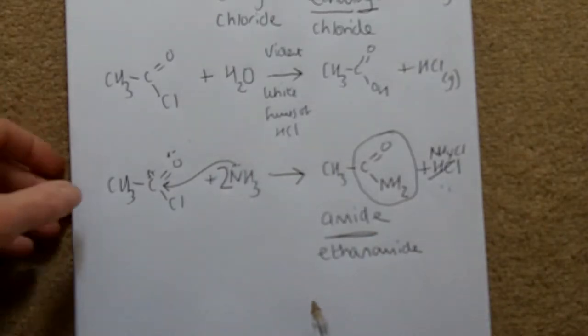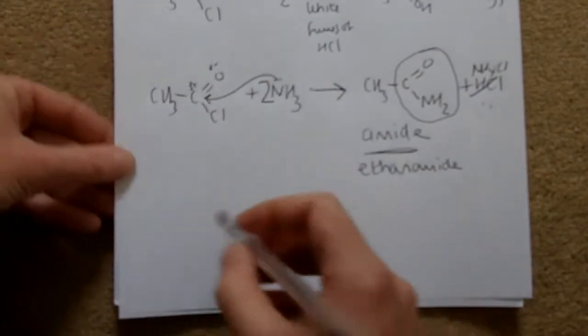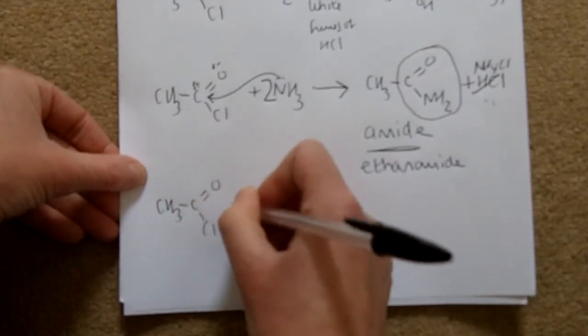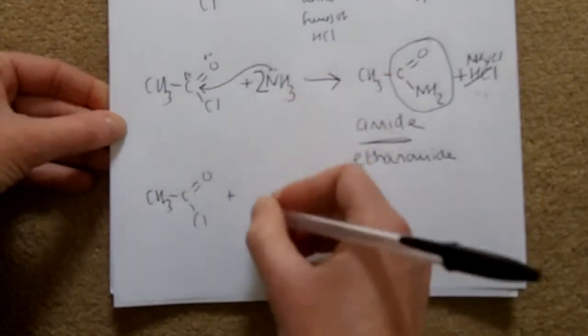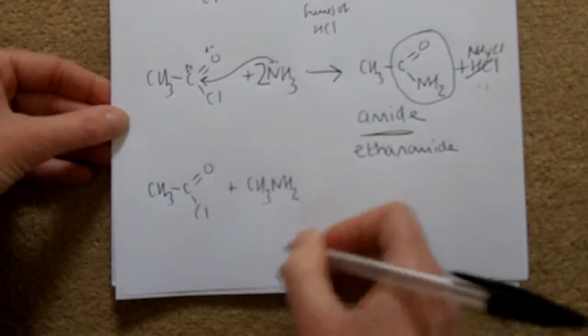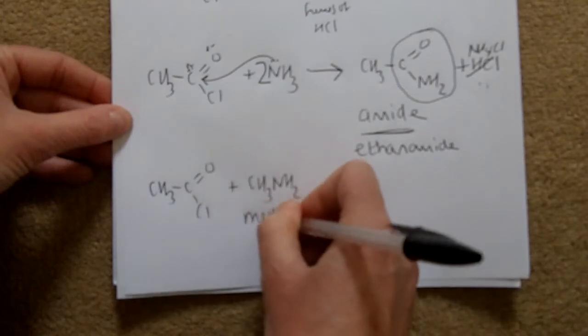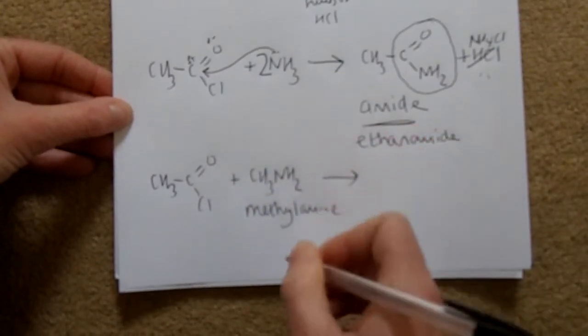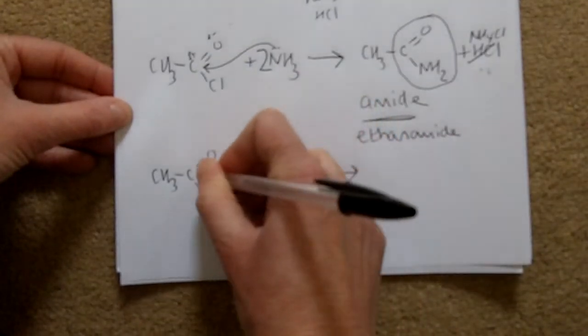Right, the last one: if you take again an acyl chloride, but this time, instead of ammonia, react it with an amine, like methylamine. The reaction's really similar.